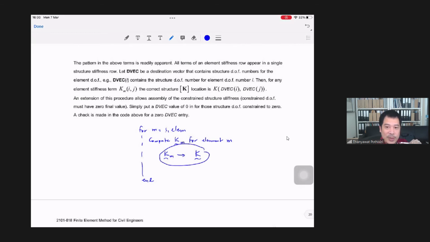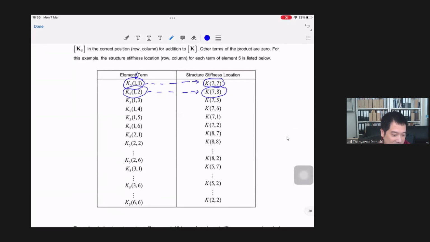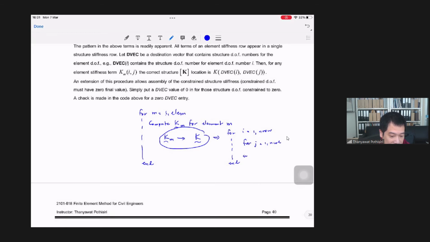But in doing this, because you need to map the degree of freedom for each row and each column, it means that doing this requires 2 loops, one for the number of rows and the other for the number of columns, and somehow you need to do the mapping here.